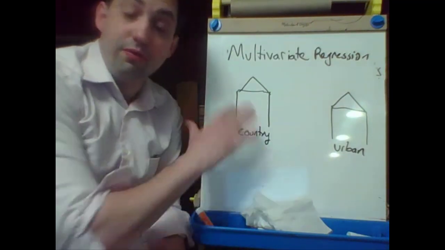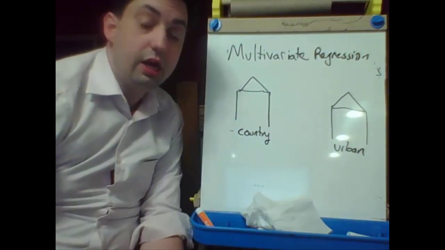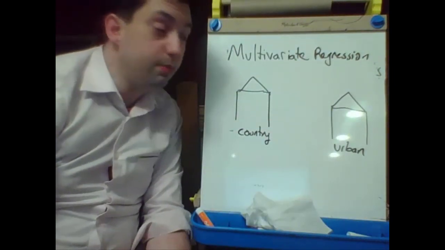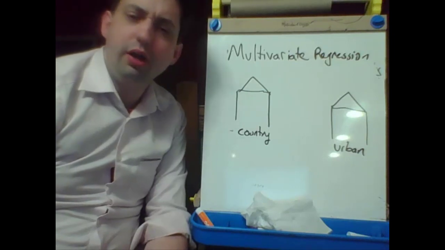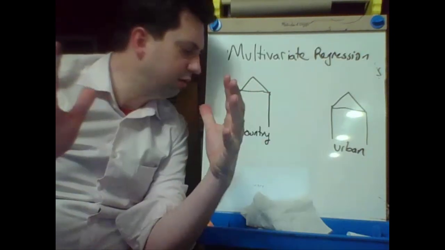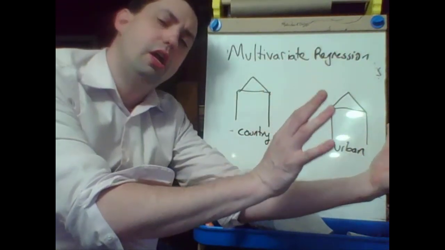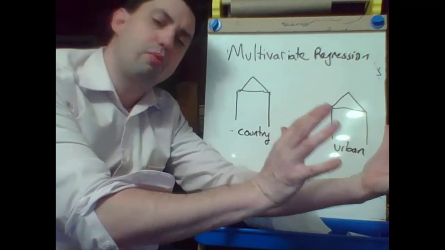So if there are two houses and one is located in the urban area and one is located in the country, then clearly the one in the urban area should be more expensive, right? So we're imagining the house in the country being moved into the urban area, and then we would expect that price to rise.